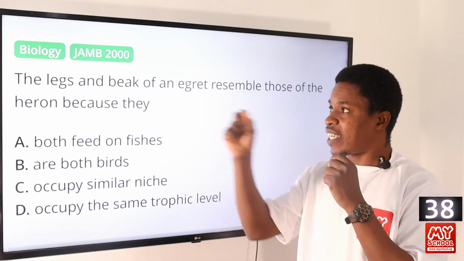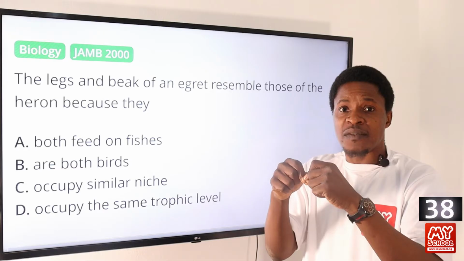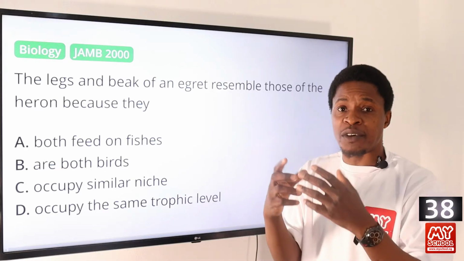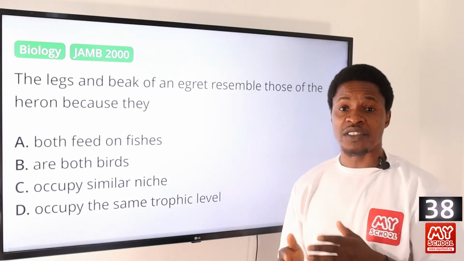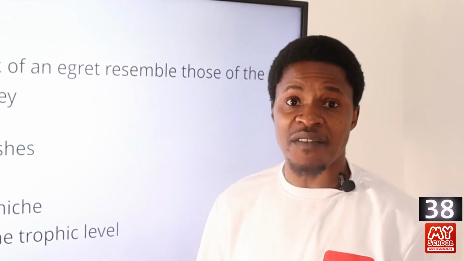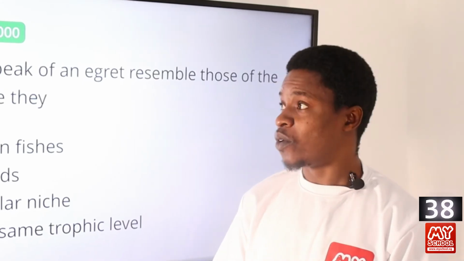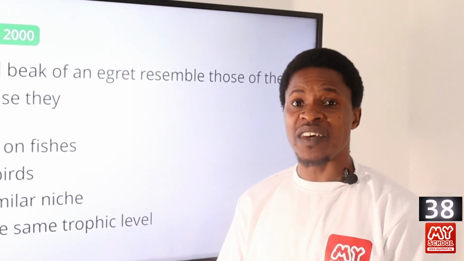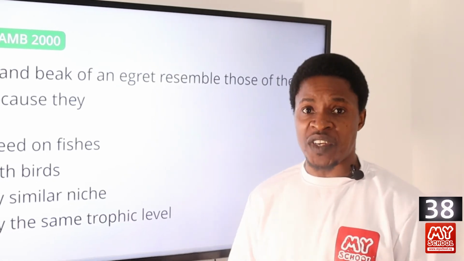The beak and the legs help them adapt for their ability to feed, because both of them are wading birds. They have long legs because they feed on fishes in shallow waters. So the legs help them stand tall and have access to shallow water. That helps them have a similar ecological niche and aids their feeding behavior.